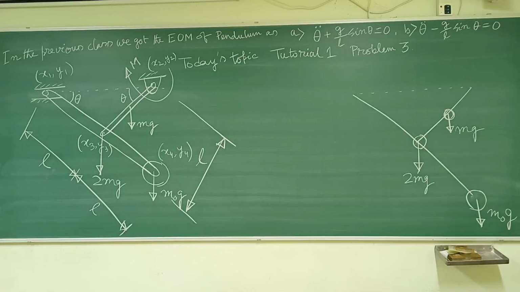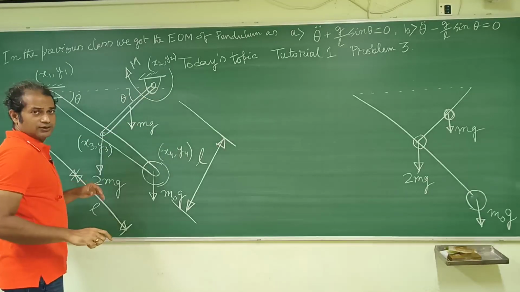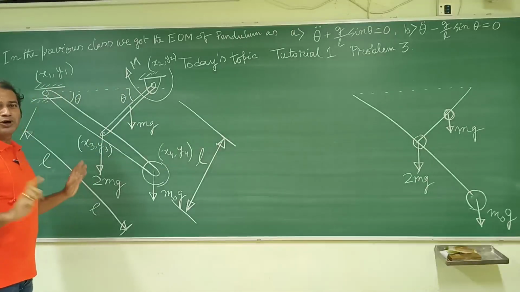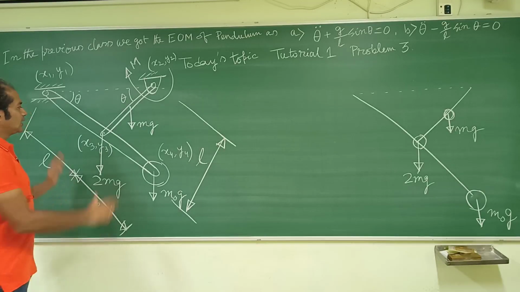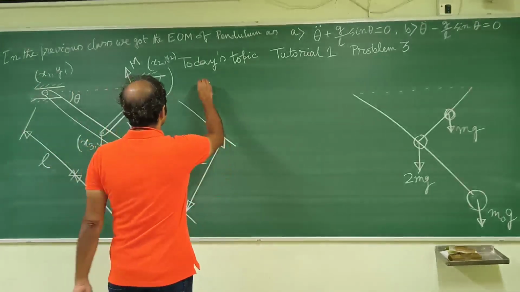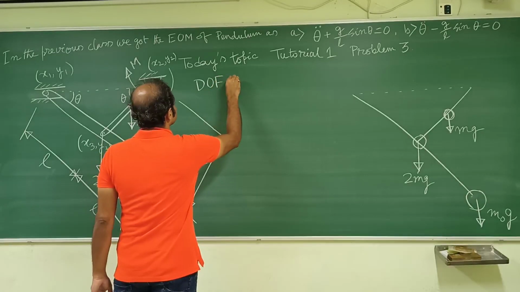If we were to detach it using the principle of determinism, we would have to solve a lot of constants which are not needed. Rather, we will use the principle of virtual work. But before that, we have to find out the degrees of freedom of this system.